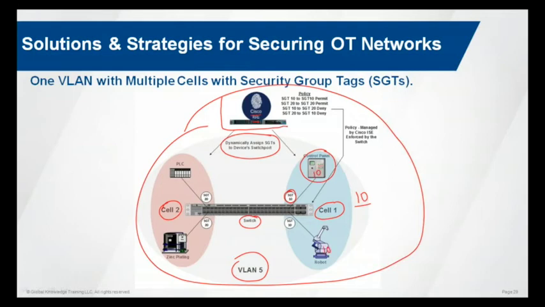Anybody who needs to participate in that cell, we assign them tag 10. Same thing here, tag 20. And remember, this is done dynamically. Now, once we assign that tag, for any communications going forward, the tag will follow you wherever you go.